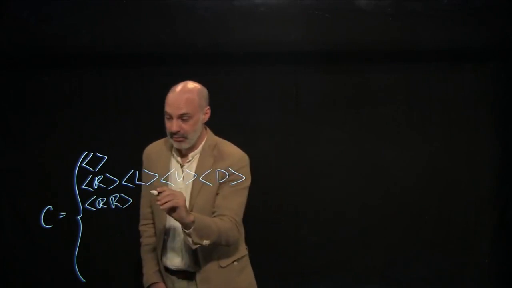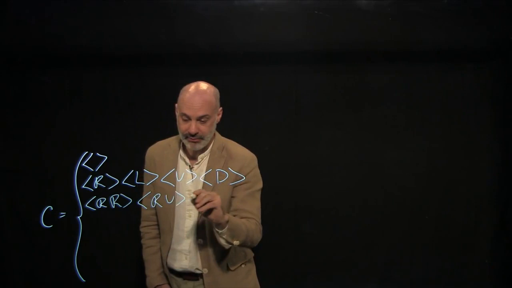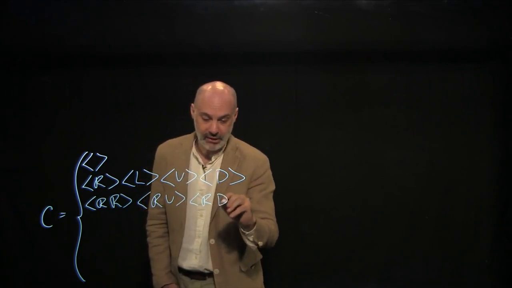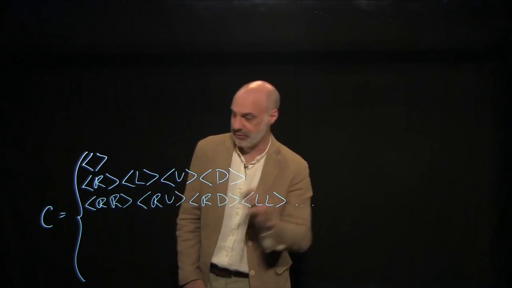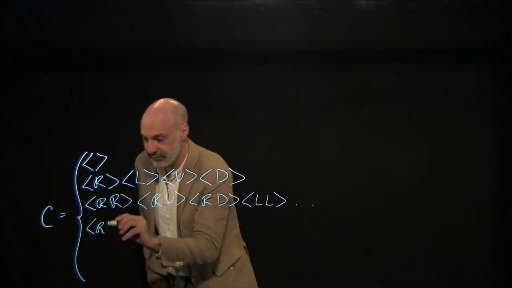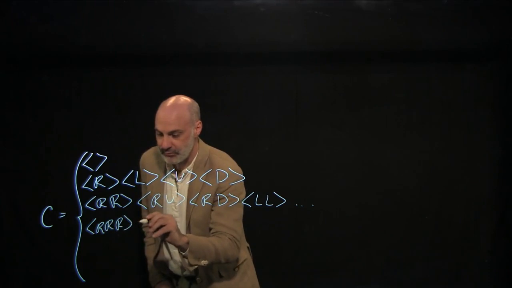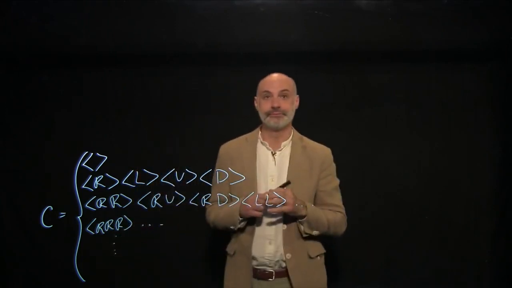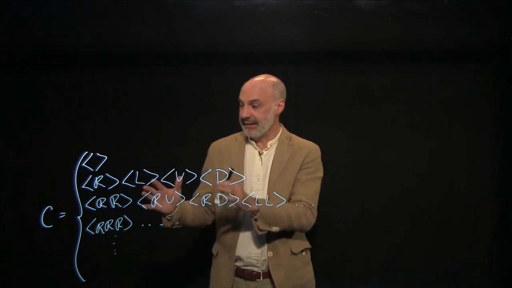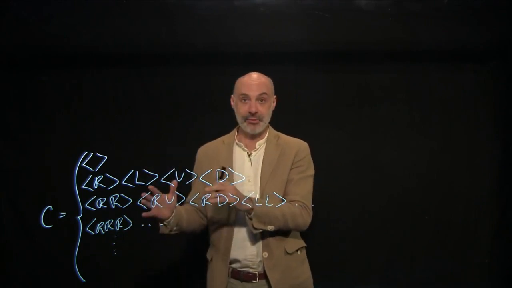That would be forbidden. But we do have right up, right down, left left, and so forth. And then we have some 3-step paths, and so forth. So this is our Cayley graph from an abstract perspective.